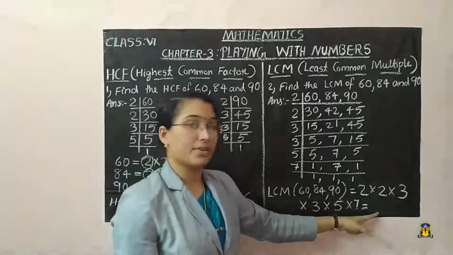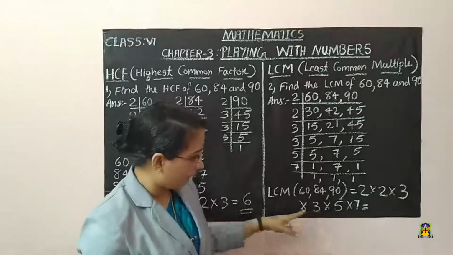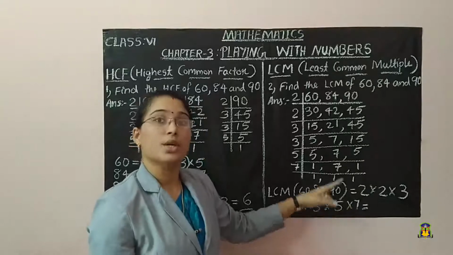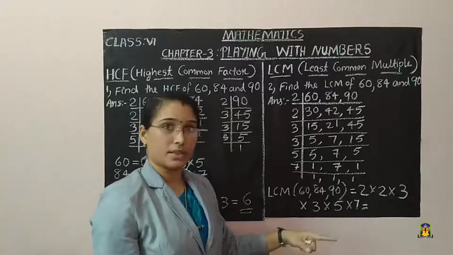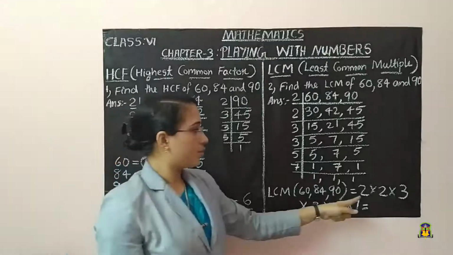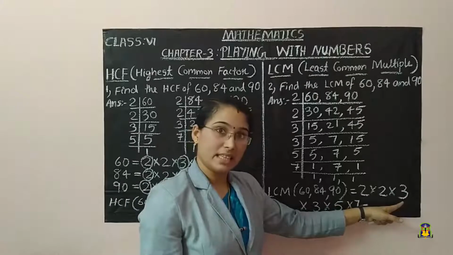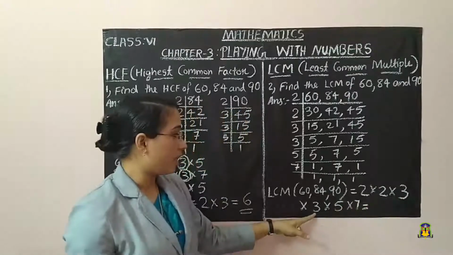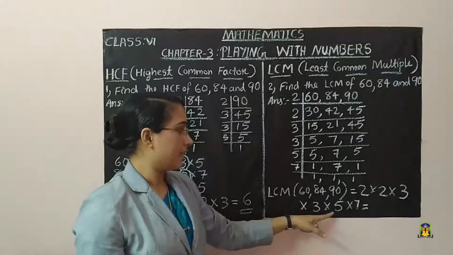After that you find the final answer. What is the product of all these prime numbers? Then how to find it? 2 into 2 is 4. Then 4 into 3 is 12. Then 12 into 3, what is 12 into 3? 36. Yes, 36.